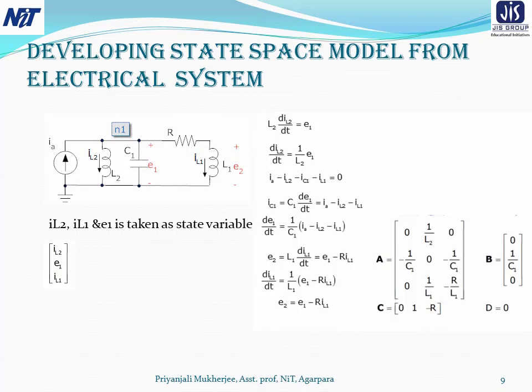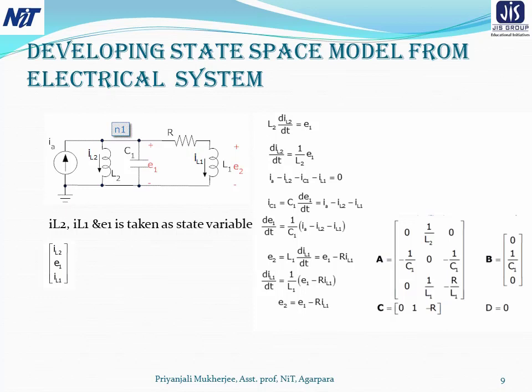So the rate of change of the current in the inductor and the rate of change of the voltage across the capacitor can be chosen as state variables. Also, the current in the inductor or the voltage across the capacitor can be taken as the state variable.